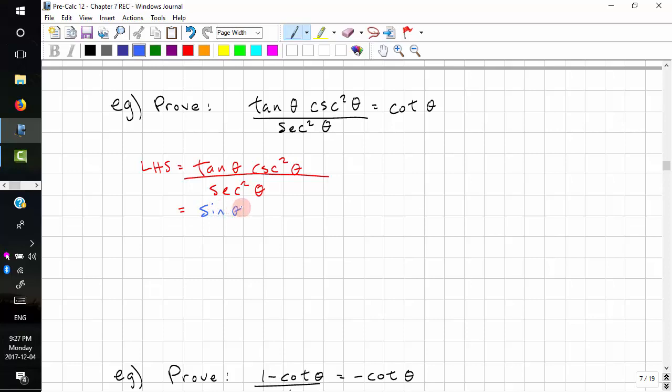Sine theta over cos theta. This is 1 over sine squared theta. Now we're going to divide by 1 over cos squared theta. This part remains the same, so we'll just put that in red.